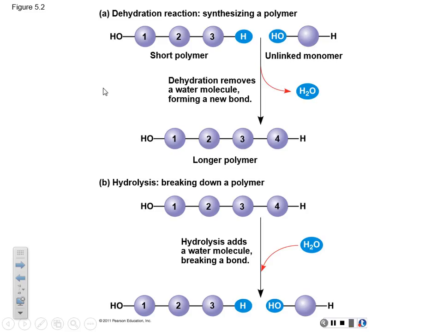For every monomer you put on, you take out one water molecule, or you could say you create a new water molecule. Okay? So dehydration reactions are involved with this synthesis of polymers. And then the flip side, the bottom half of this slide, shows you what happens when you break these polymers down.